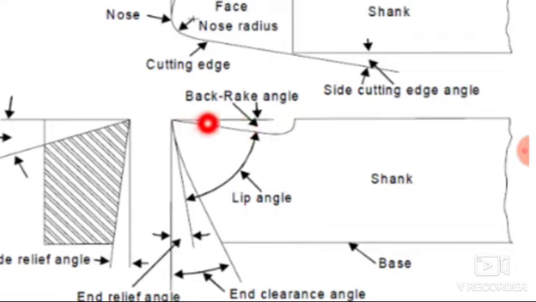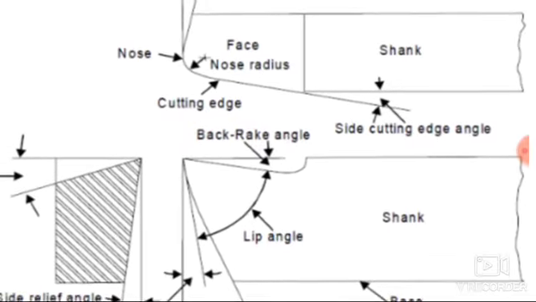The angle made by the face of the cutting tool and a line parallel to the base of the cutting tool, measured in a plane which is perpendicular to the base of the cutting tool and passing through the side cutting edge, is known as the back rake angle.